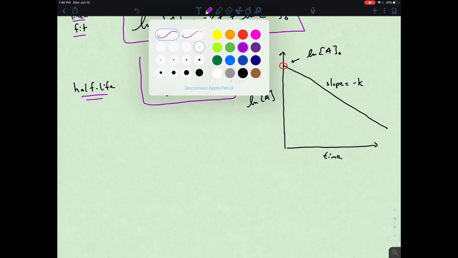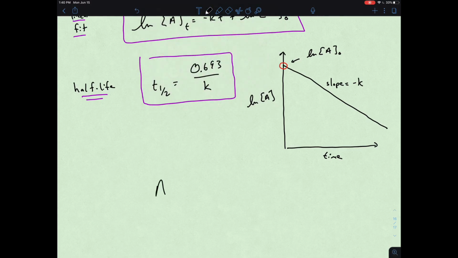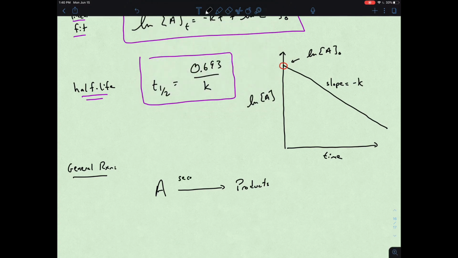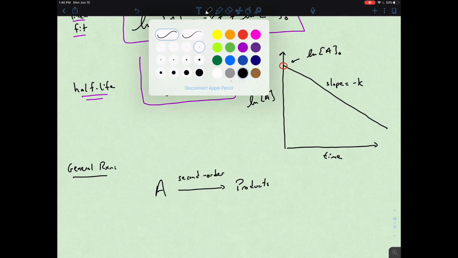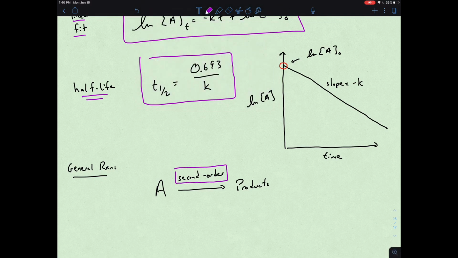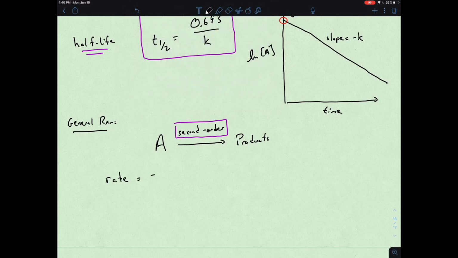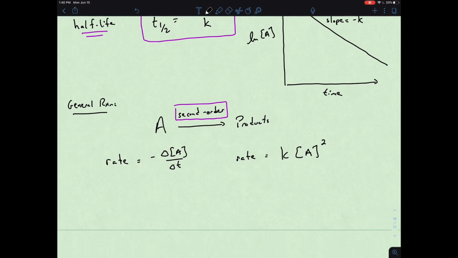The last one is second order. So we can look at the same type of general reaction, but now looking at second order. And so we can do all the same things. So now we're in that exponential relationship.